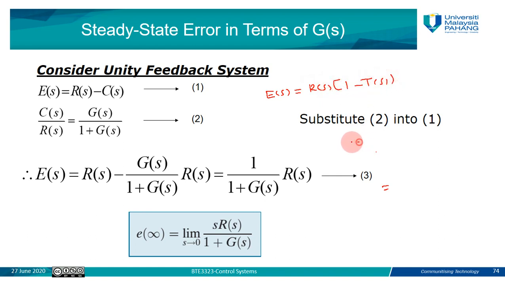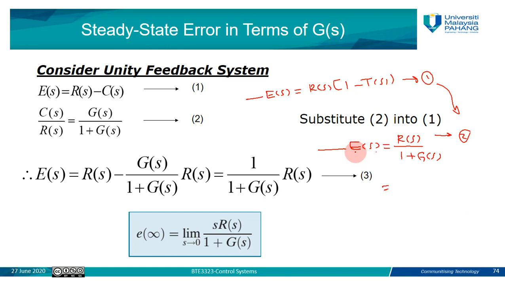But here ES equals the value of RS over 1 plus GS. So this is the difference between the two values, but both will give you the same answer. Either you use the TS or you use the GS, in both cases you are going to get the same answer for the value of the error function.